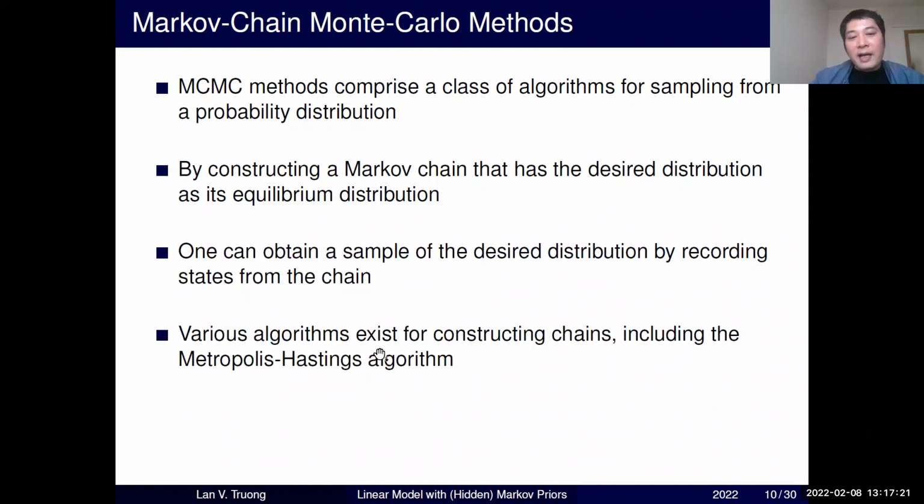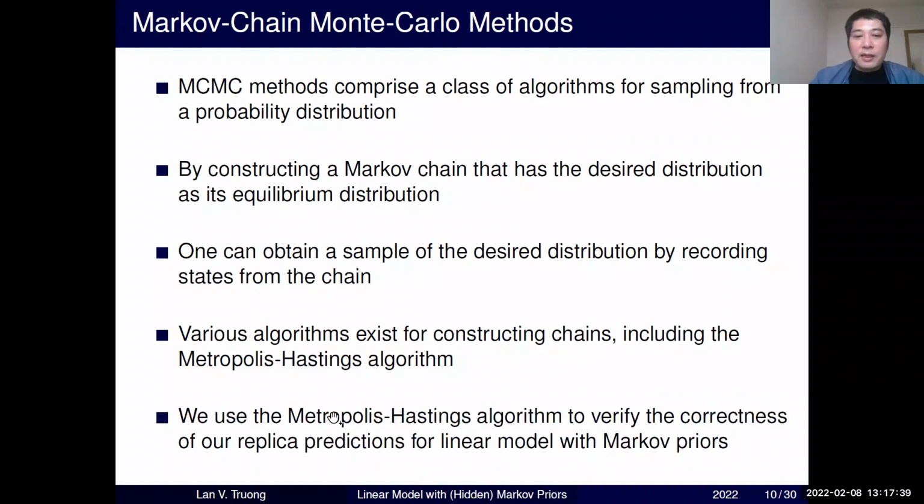There are a lot of algorithms to construct a Markov chain which has as its stationary distribution the probability distribution that we would like to sample. For example, the Metropolis-Hastings algorithm is one of them. We use this algorithm to verify the correctness of our replica prediction for the linear model with Markov priors.